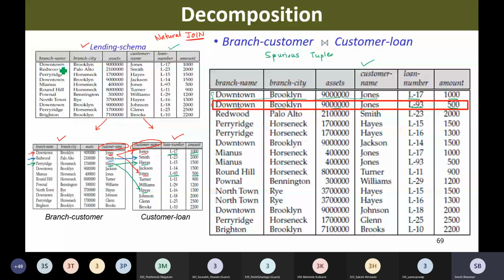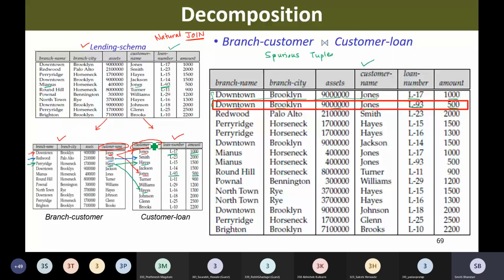But as there are two tuples having the same name, and our common attribute is customer name, these two relations are being matched on customer name, and this is the reason why we have this tuple, which is actually invalid.